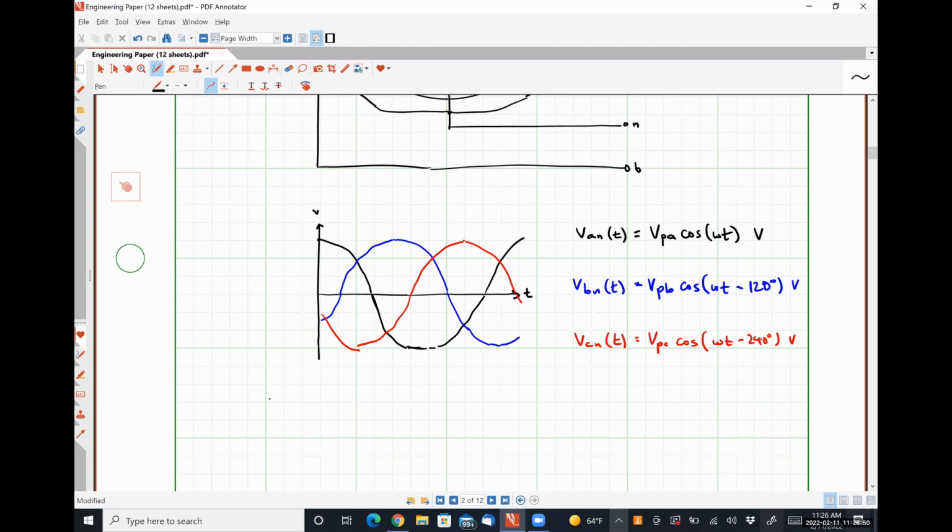Any magnitude works, it just needs to be the same magnitude. Angle 0 plus that same magnitude at angle negative 120, plus that same magnitude at angle negative 240 is 0. So they add together and all of that effectively cancels each other out. So anyway, we'll use that identity in a little bit.